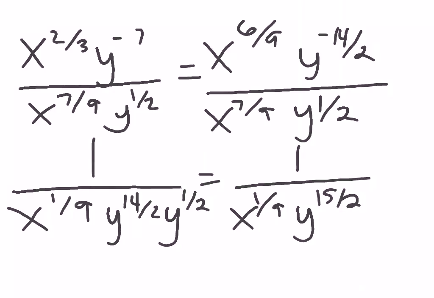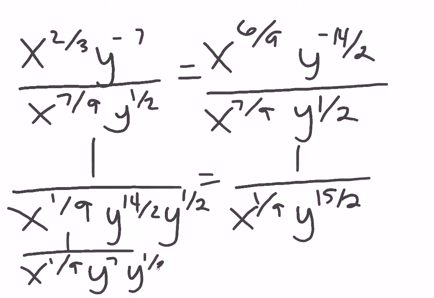Okay. Alright, so y to the 15 over 2 is clearly an improper fraction. How many times does 2 go into 15? Well, it goes in 7 times, so I can just rewrite that whole thing as 1 over x to the 1/9 y to the 7th times y to the 1/2.